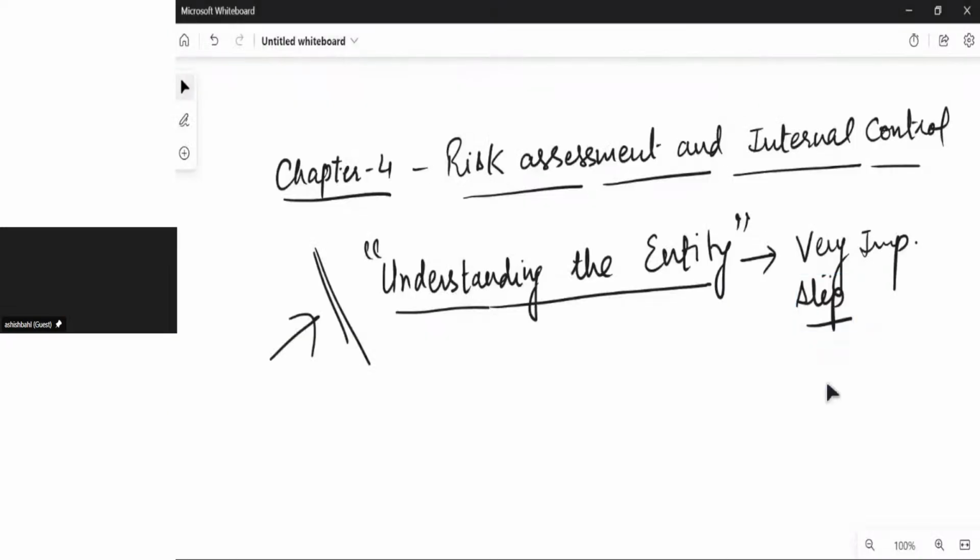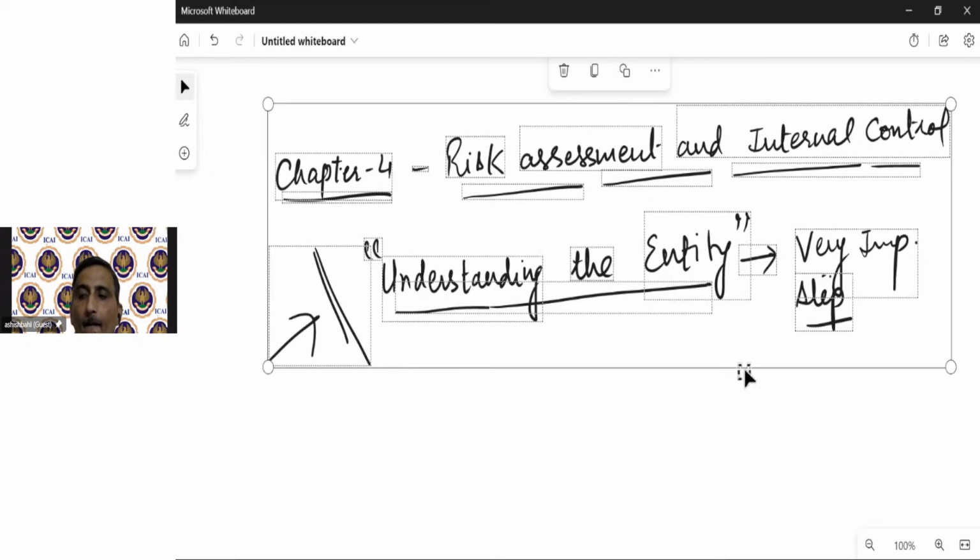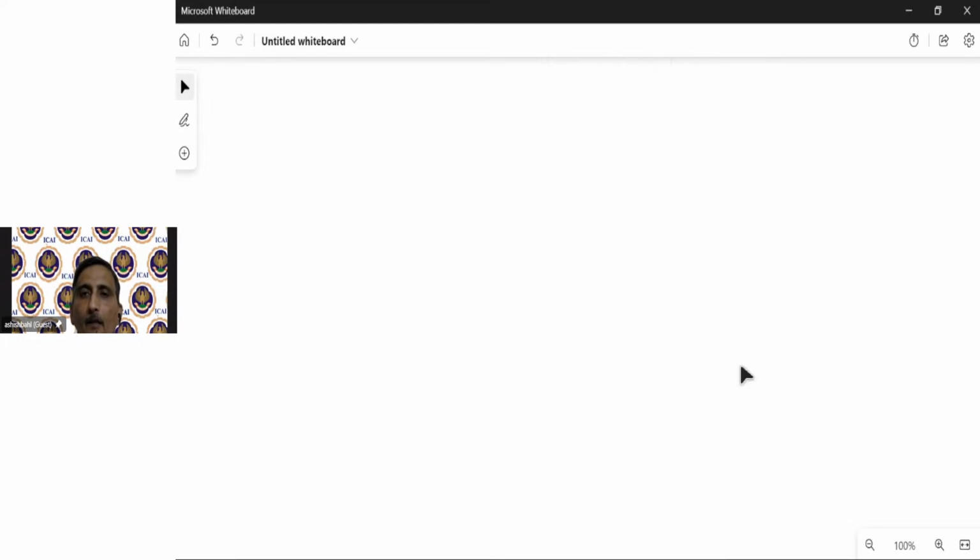Let us see what the 5 components are. First of all, you have to remember their names.